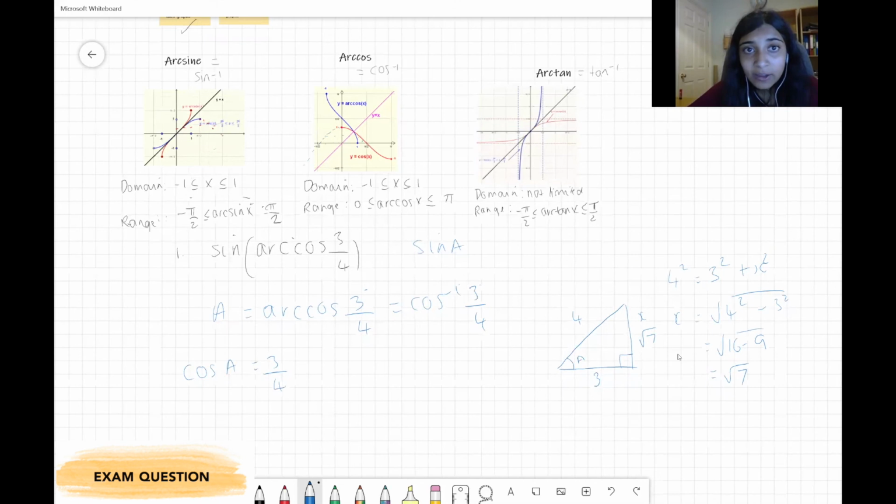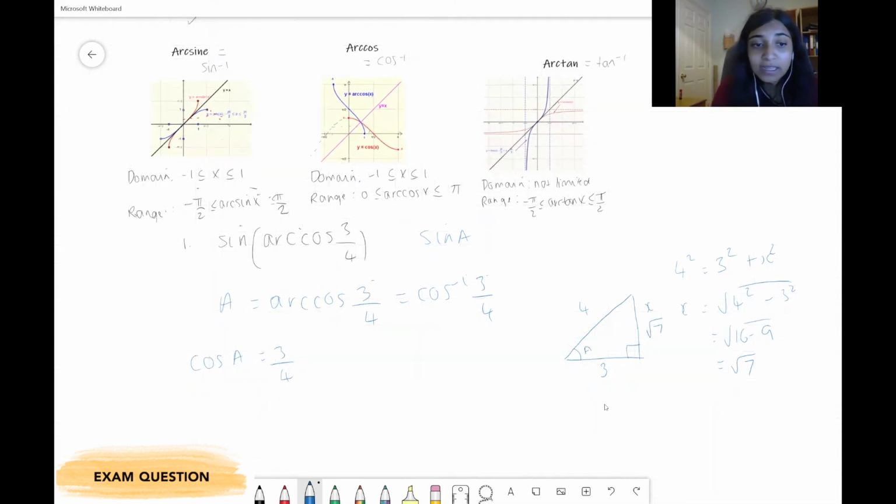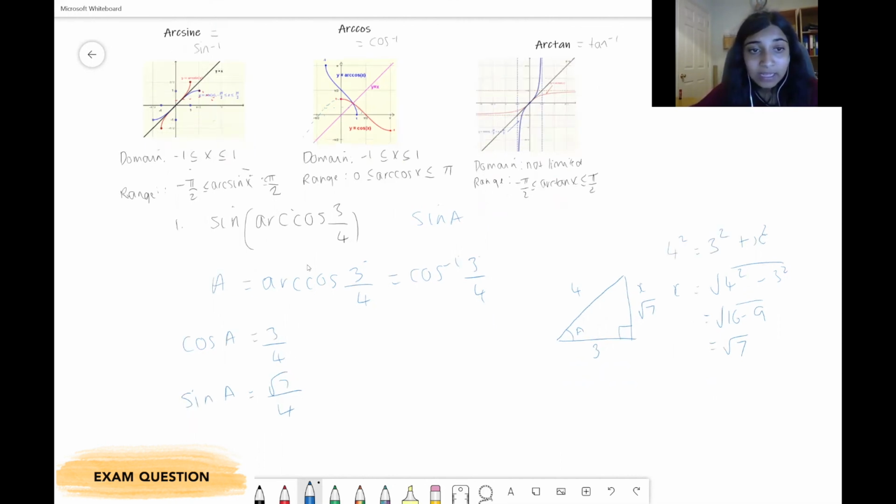Now we can work out what sine A is. Using SOH, it's the opposite over the hypotenuse. The opposite is root 7 and the hypotenuse is 4, so sine A is root 7 over 4. That's our answer, because we labelled A as arccos 3/4, so sine of arccos 3/4 is equal to root 7/4.